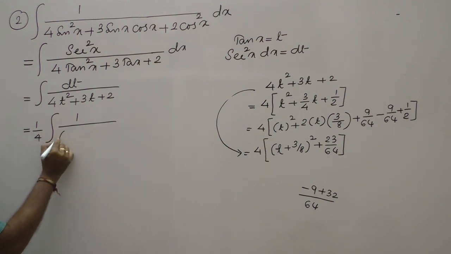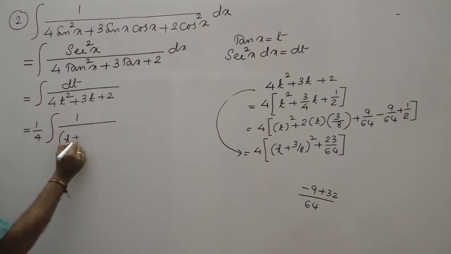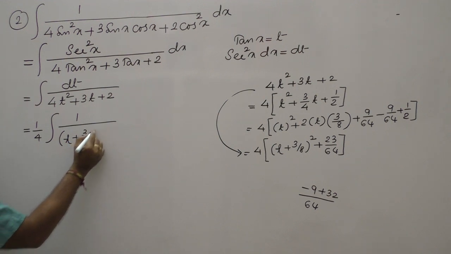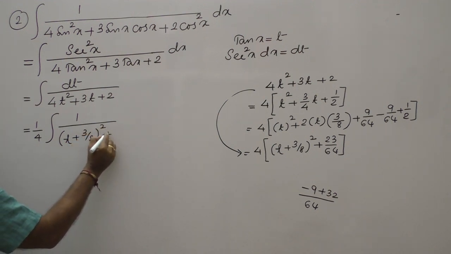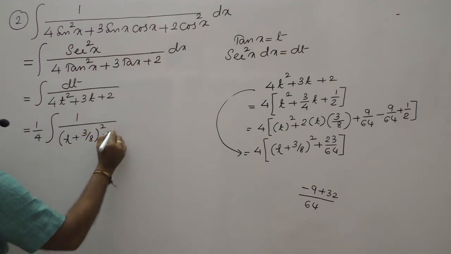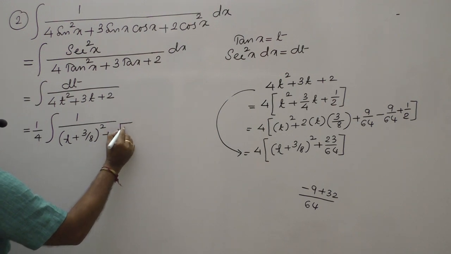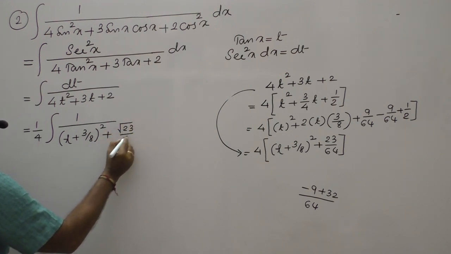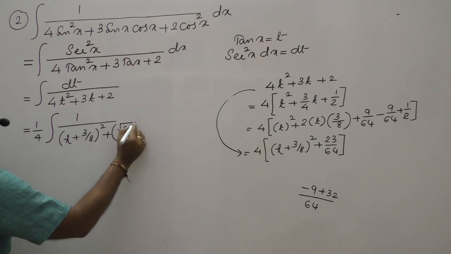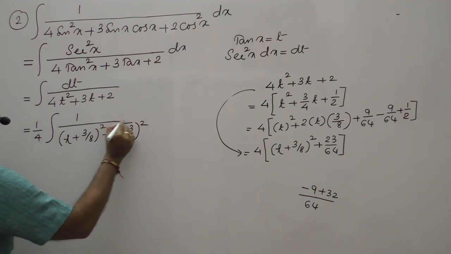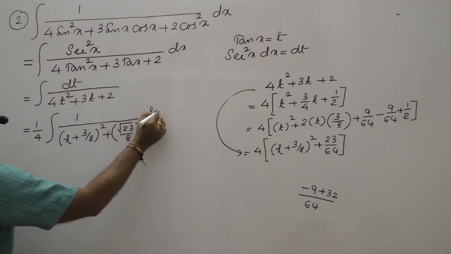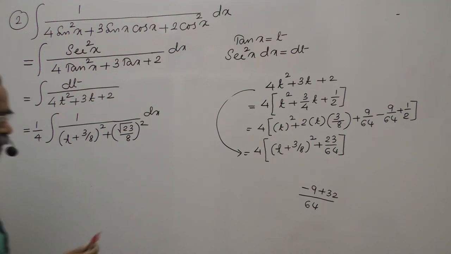What is there here? It is t plus 3 by 8 whole square, plus 23 by 64, that can be written as root 23 by 8 whole square, into dx.